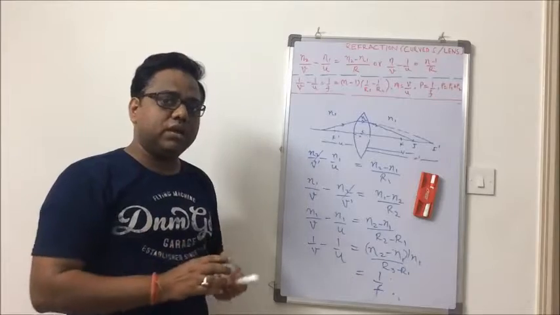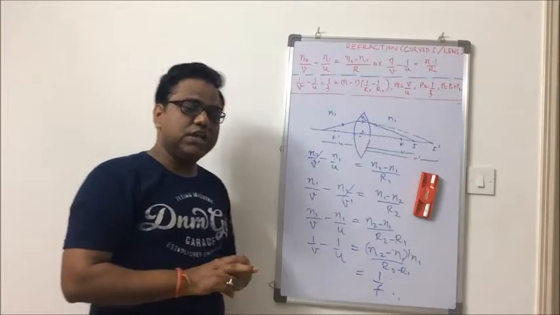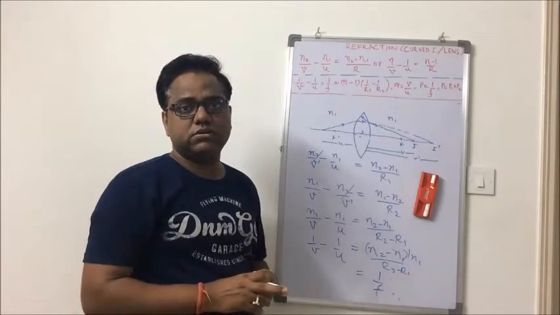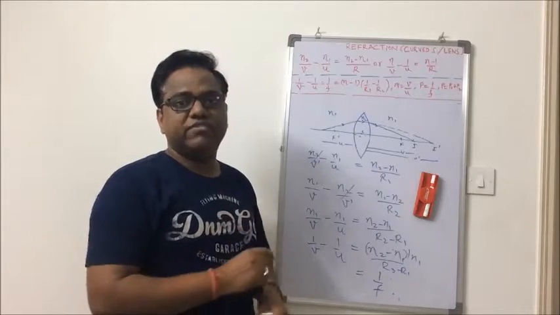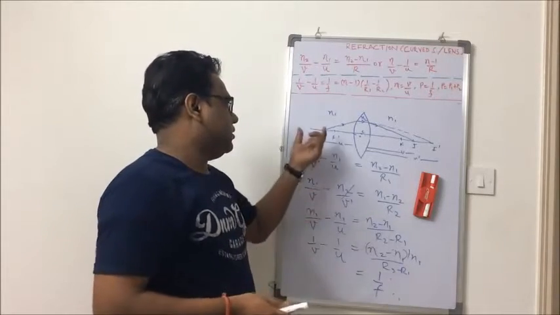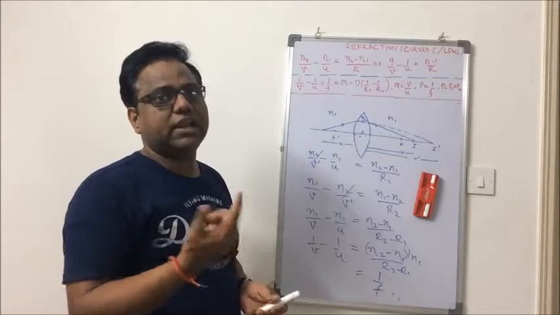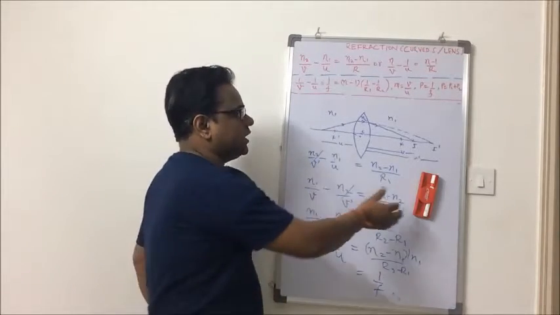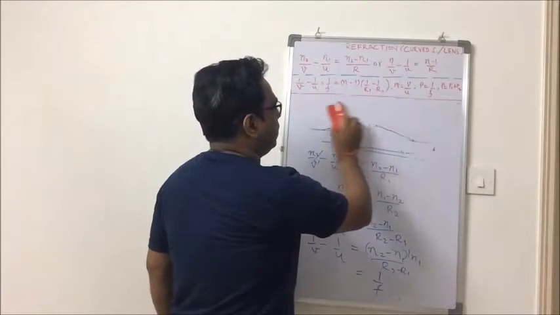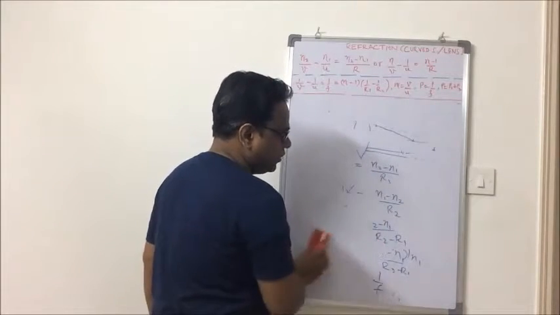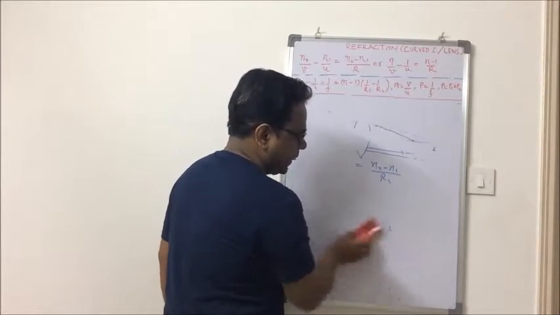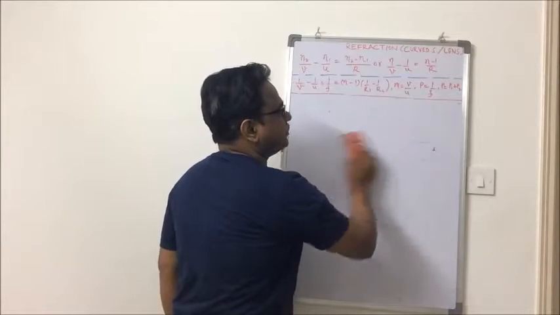If you remember, in mirrors we always take example of a linear object because that gives more idea. There's nothing like a point object, right? So let's take example of a linear object and then prove the same formula for the lens.